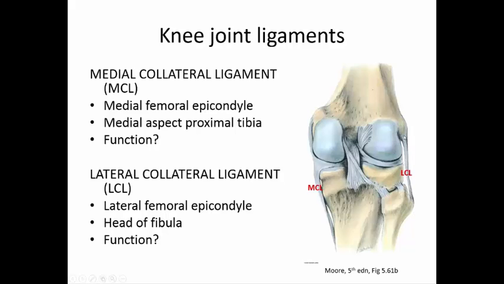This doesn't blend in with those fibers of the lateral meniscus. So the function of these is stability. Our medial collateral ligament will prevent forces which will cause either of these bones to move laterally. Our lateral collateral ligament will tighten up when we try and move the femur medially or the fibula medially. So they resist opposing movements.